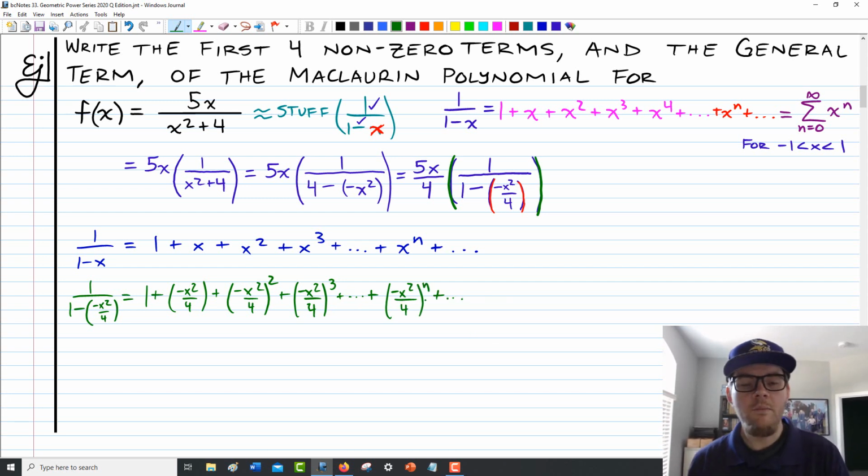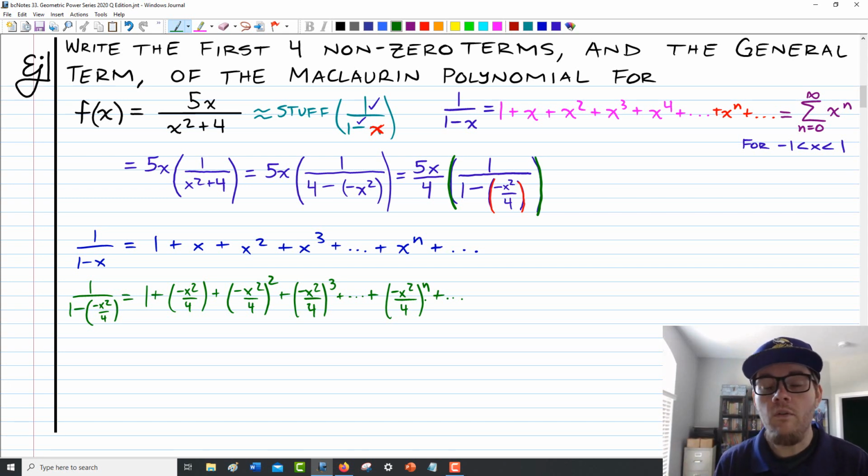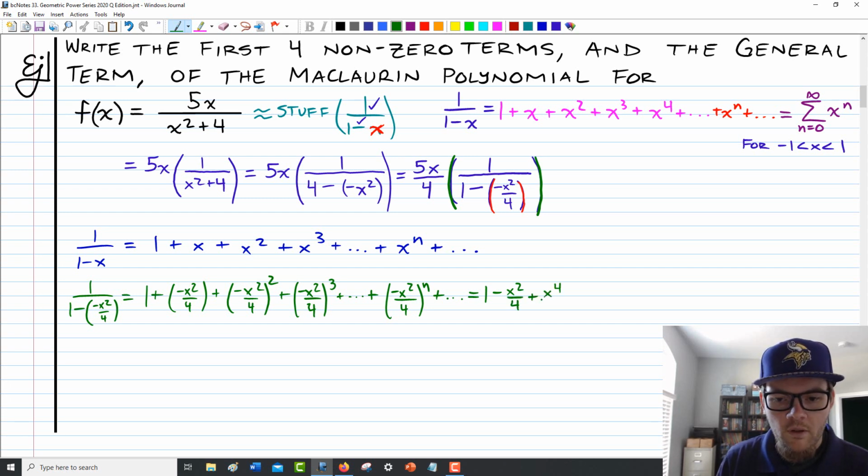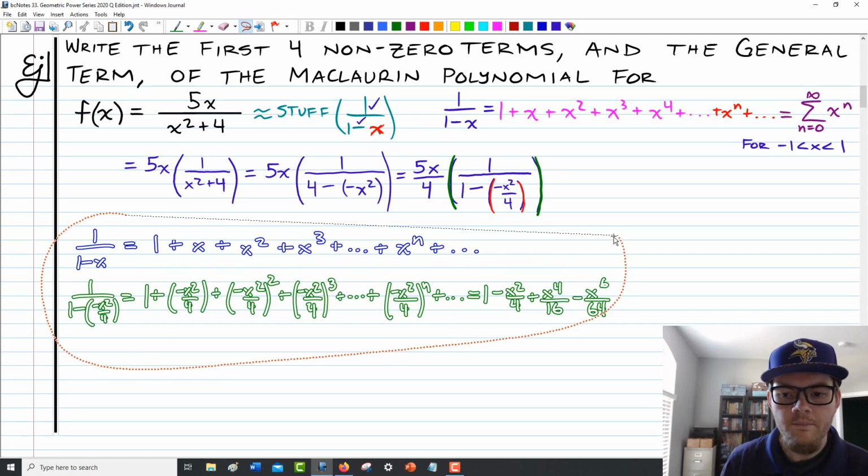When I do that, that gives me my power series for the internal portion, the 1 over 1 minus stuff part. In fact, if I clean this up just to make sure it looks a little nicer, we get 1 minus x squared over 4, plus x to the 4th over 16, minus x to the 6th over 64. And then I'm afraid I'm going to run out of space here, so let me move this up just a little bit.